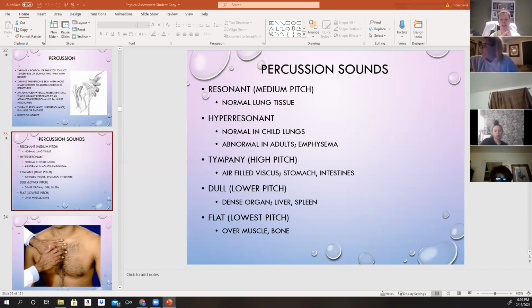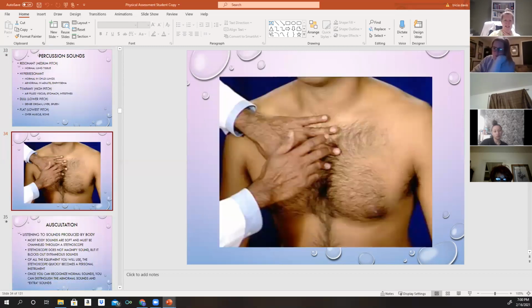Tympany is a very high-pitched sound, so it's over air-filled areas, over the stomach or your intestines. And then when you're over the liver or the spleen or the pancreas, you're going to get that lower-pitched dull sound. And then flat is the lowest pitch of all of them, and that's over muscle or bone. They're more solid. So that is just a picture of somebody percussing.